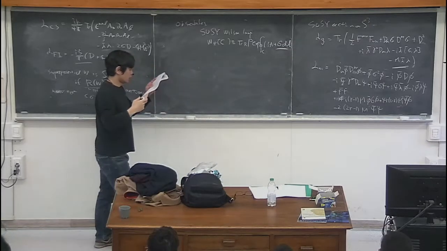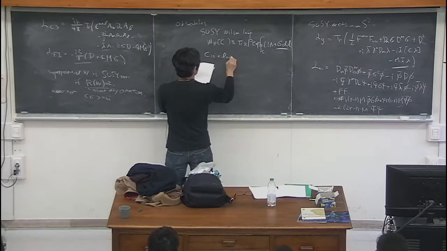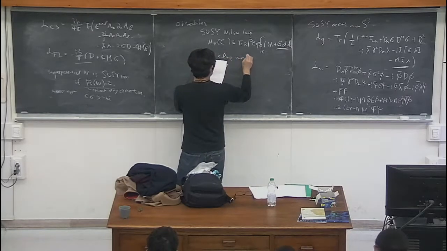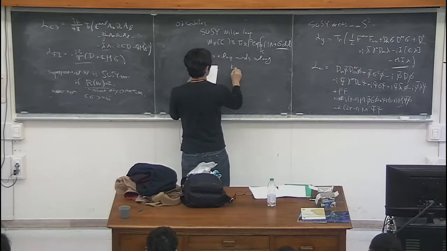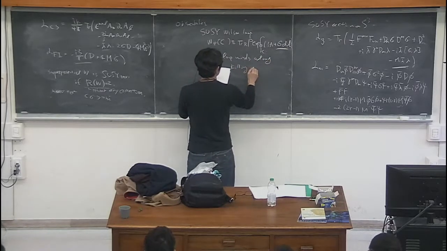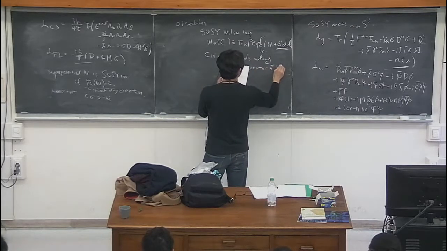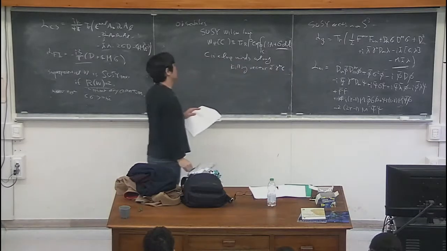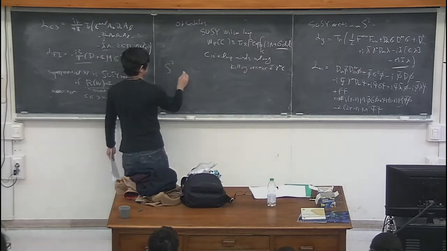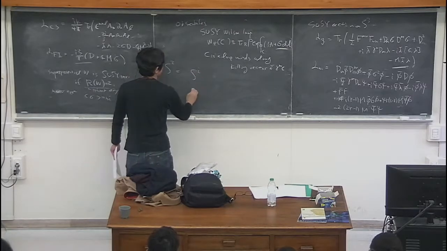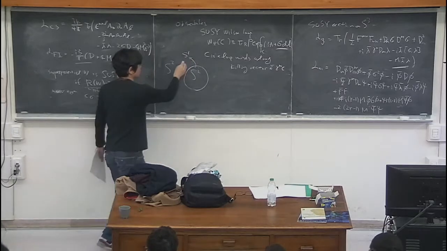C is a loop which winds along the Killing vector. The Killing vector means epsilon bar gamma^m epsilon. In this S3 case, S3 is like an S2 with a non-trivial S1 fiber.